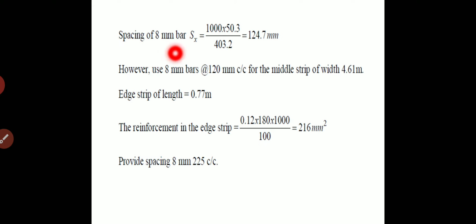Spacing of 8 mm bar. For spacing, the formula is 1000 into area of steel, pi by 4 into d square. So we provide pi by 4 into 8 square. So the final value we get is 50.3.